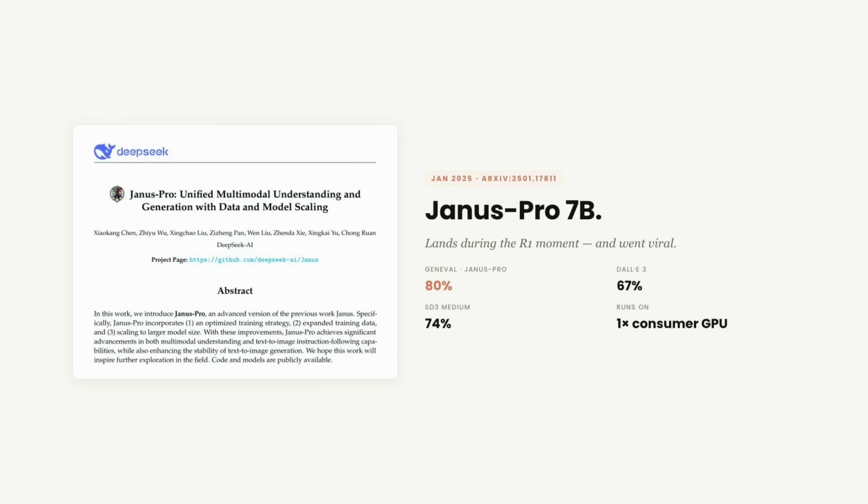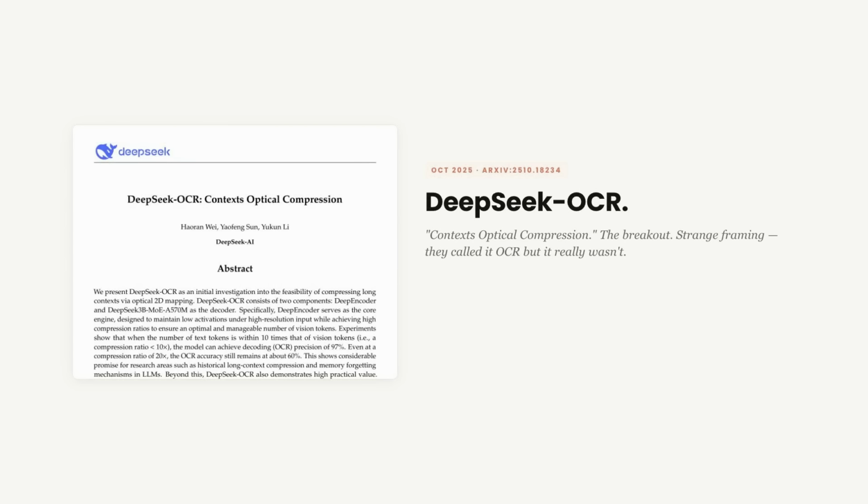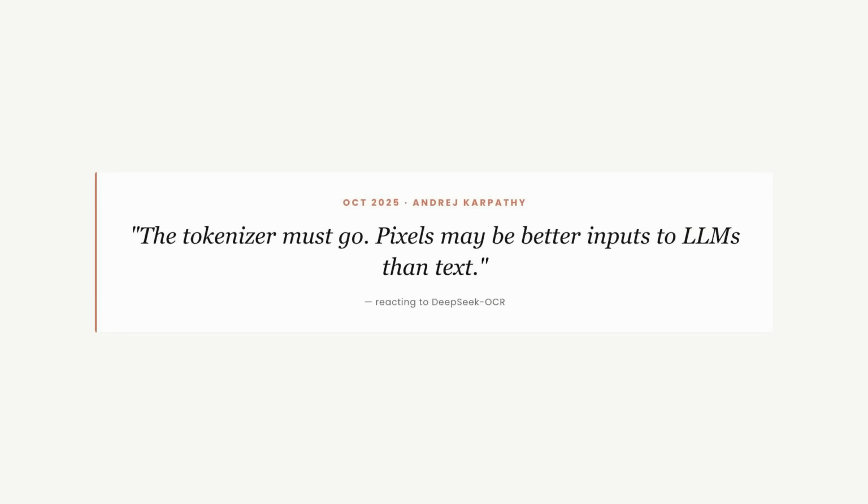But the real breakthrough was October 2025, when they released DeepSeek OCR. This is the first version. And the framing was strange because they called it OCR, but it really wasn't. The actual idea was to take 1,000 text tokens, render them as an image, encode the image, and you get back 100 vision tokens that decode to the original text at 97% accuracy, which is 10 times compression on long context.